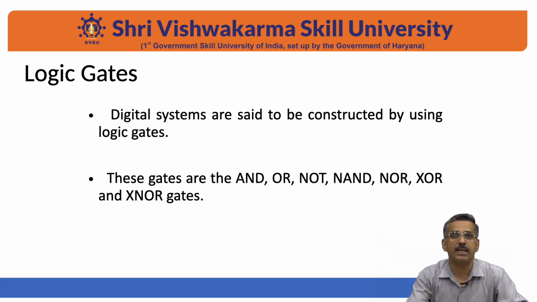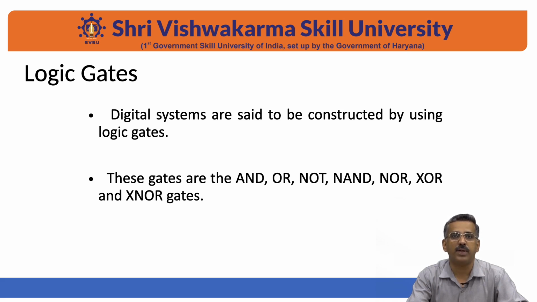The discrete signal normally works on two levels, toward the higher value and toward the lower value. The lower value represents 0, whereas the high value is 1.